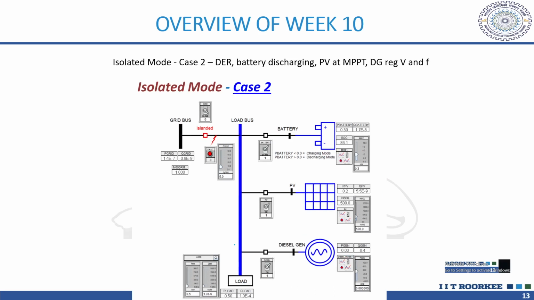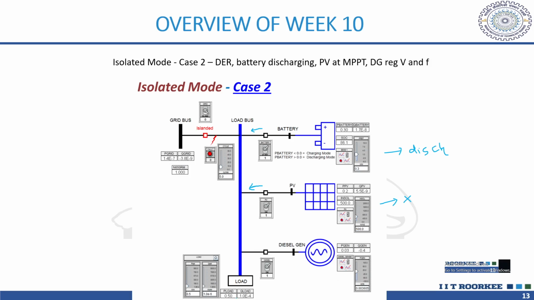Then for the second case, so here what is happening? This is no longer at MPPT. That means this battery has to discharge. So here PV is injecting some power, but not the MPPT power. Then the battery has to inject here now, and we'll calculate whether we require the diesel generator or not.